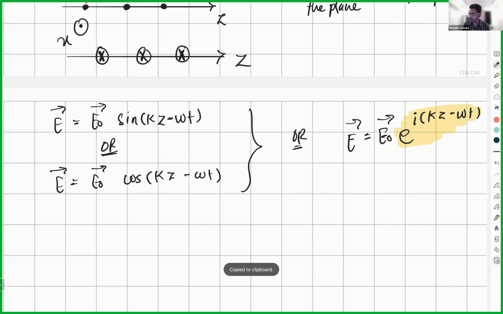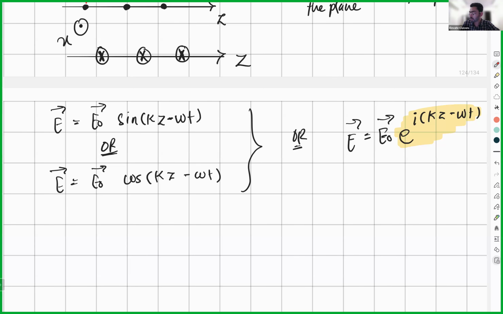The reason is that in classical electrodynamics, we'll be dealing with Maxwell equations, and Maxwell equations contain derivatives of position and time. So it is always easier to deal with exponents whenever you are differentiating.